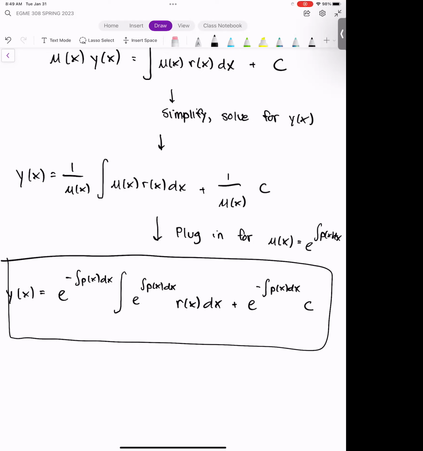So this right here would be the general solution of a first order linear differential equation using an integrating factor.